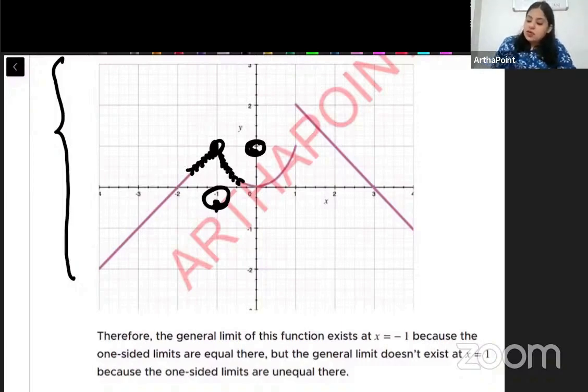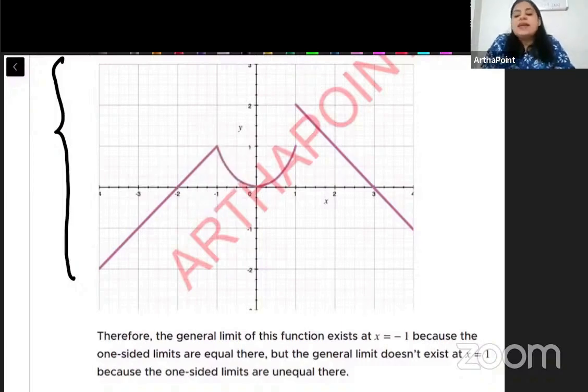So we can say that the function limit exists. Now, beta, let us have a look at what happens at x equal to 1. When I look at x equal to 1 and I approach the function from the left hand side, the function approaches 1. But when I approach the function from the right hand side, I go towards 1, see, I'm going towards 1, the functional value approaches 2.